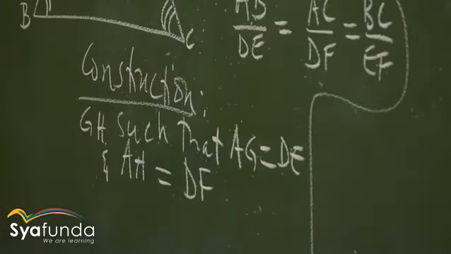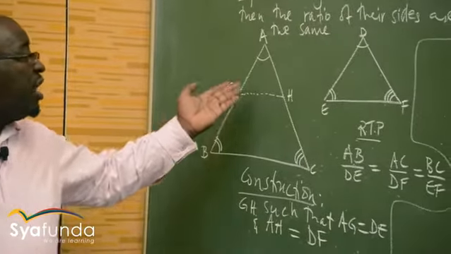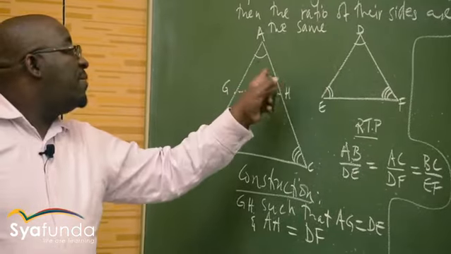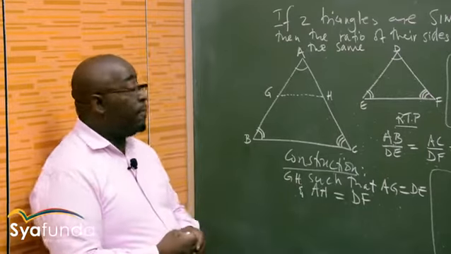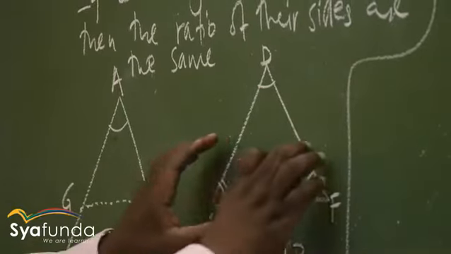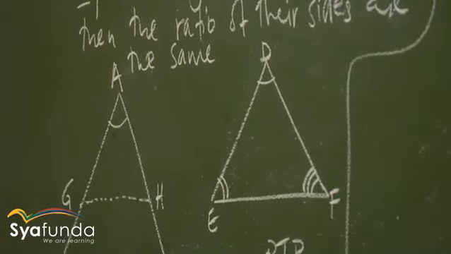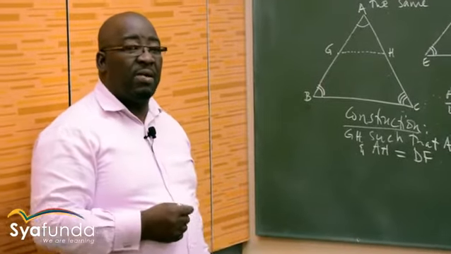This is what we're getting from our construction. We've just put a construction, GH, such that this side is the same as that side, this side is the same as that side. What is this saying to me? If I take this triangle and put it exactly here, what will happen? It will give us something that is exactly the same as the other one.